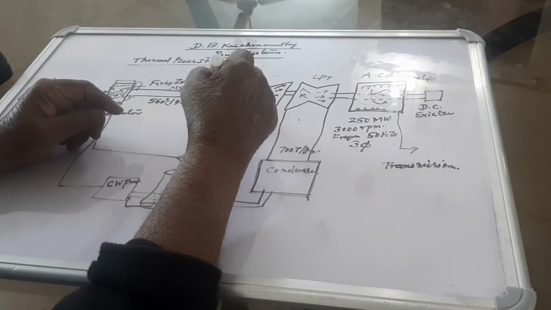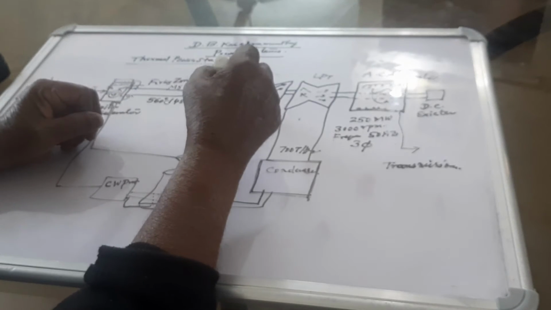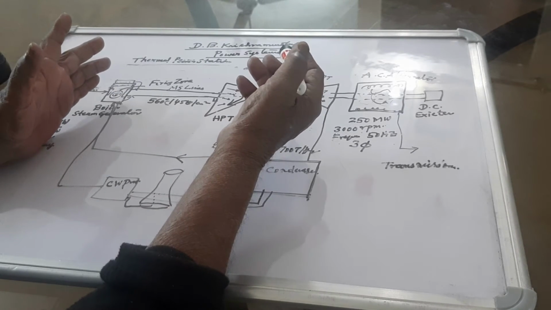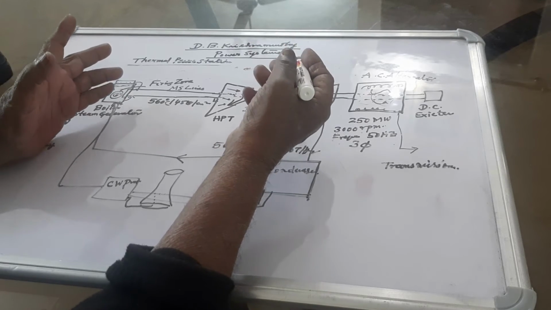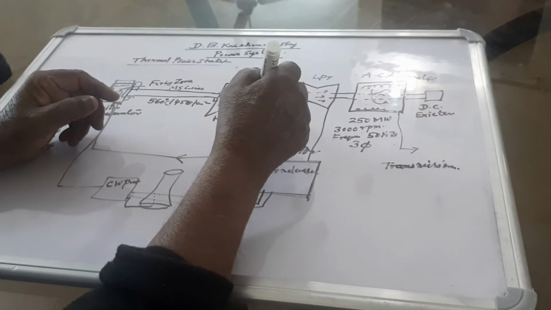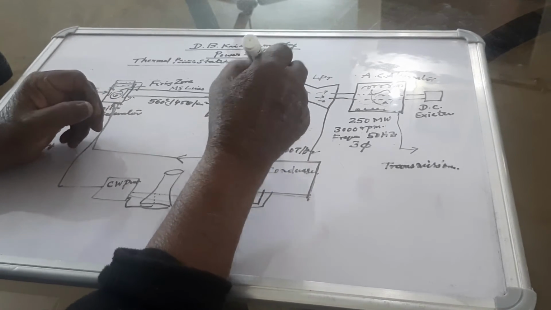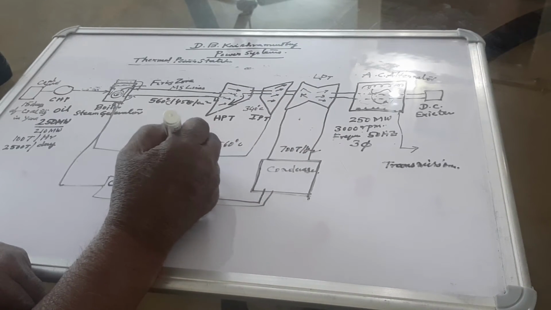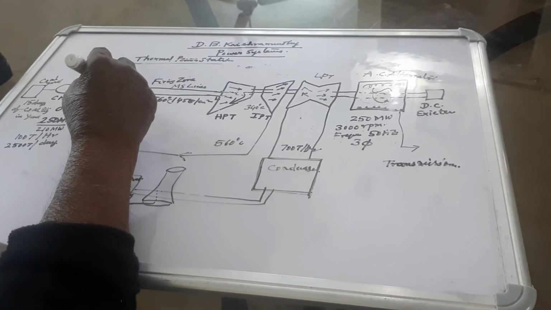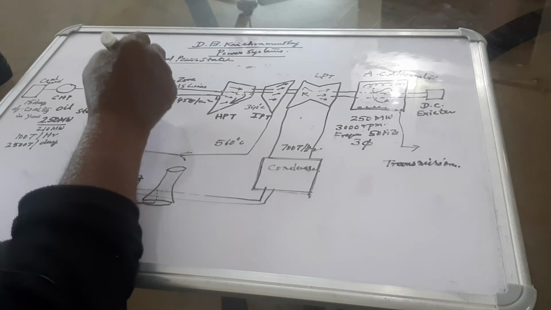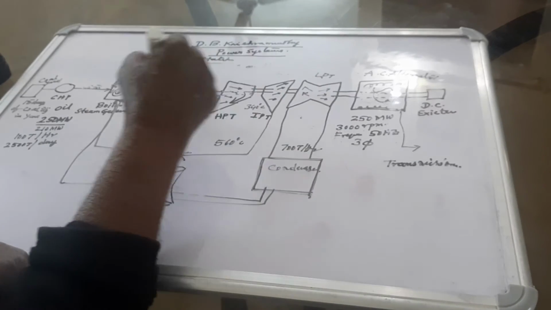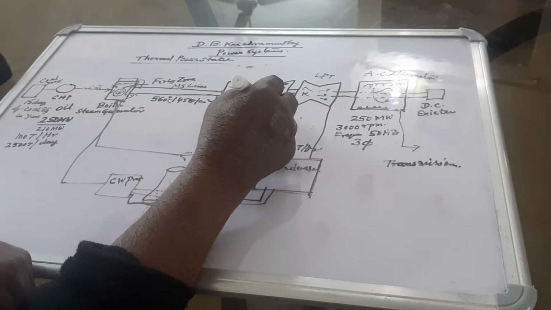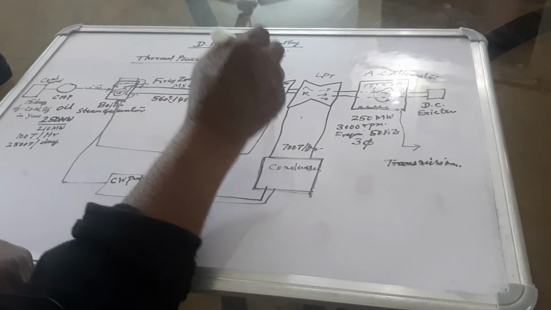So this rotates. When the steam exhausts its energy, the temperature will go down, and this steam is again taken to the boiler to heat up further and gain the temperature of 560 degrees.